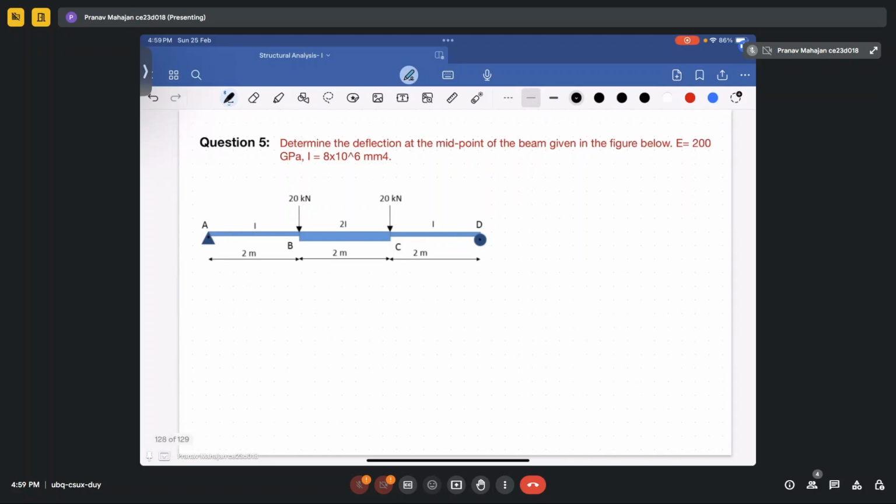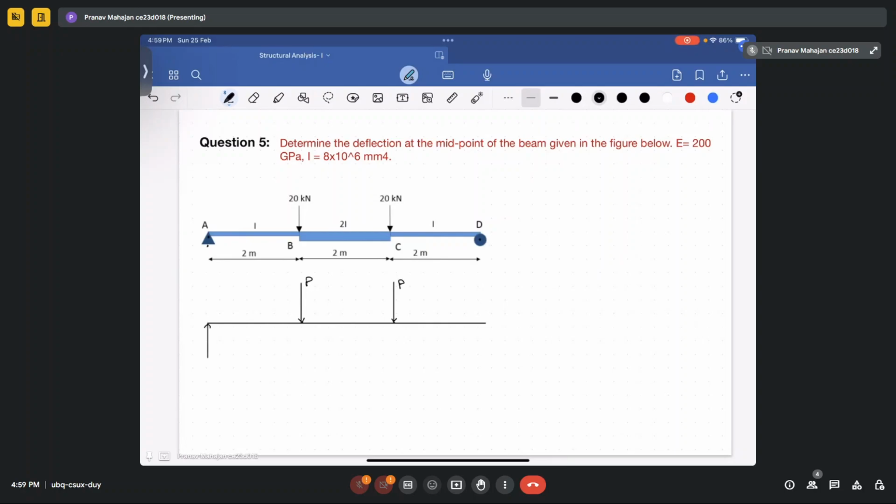Okay. So in this, what you will see here, we will have reactions. So now we will draw this beam separately. We mark them as P. Okay. So what will be the reactions?